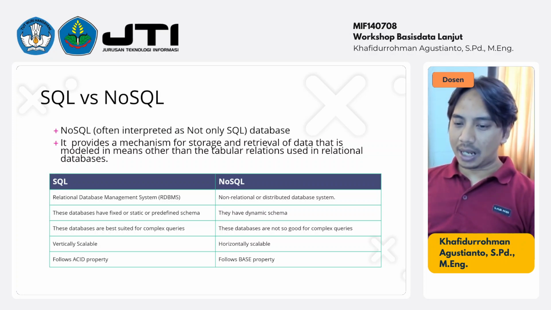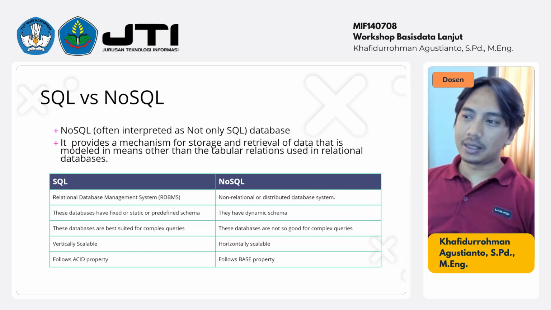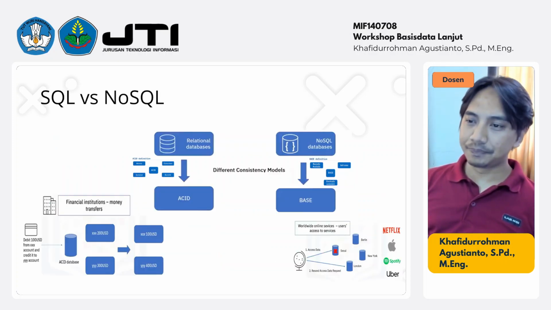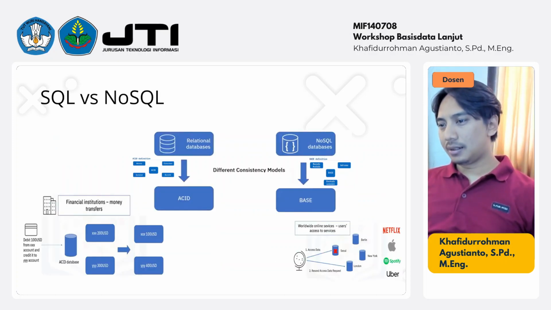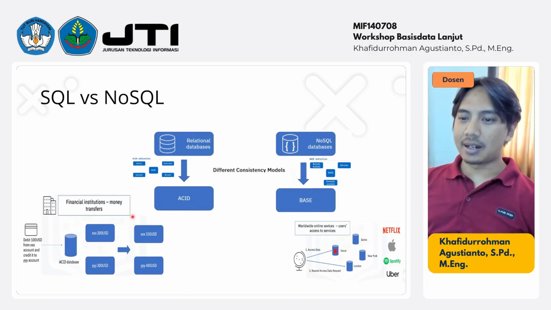Then SQL follows the ACID property and NoSQL follows the BASE property. ACID we talked about before. Okay, so this is the difference between SQL and NoSQL. First is the relational database, defined as atomic, consistent, isolated, and durable, or we can call it ACID, commonly used in financial institutions or money transfers.